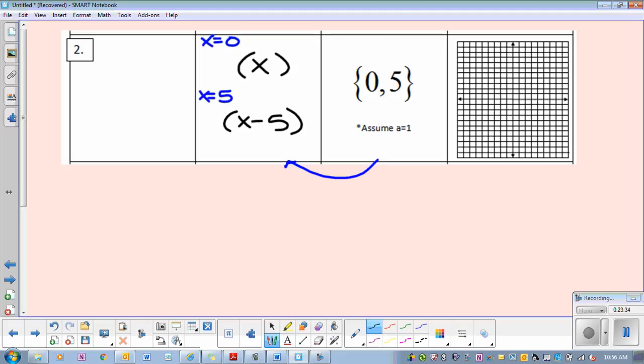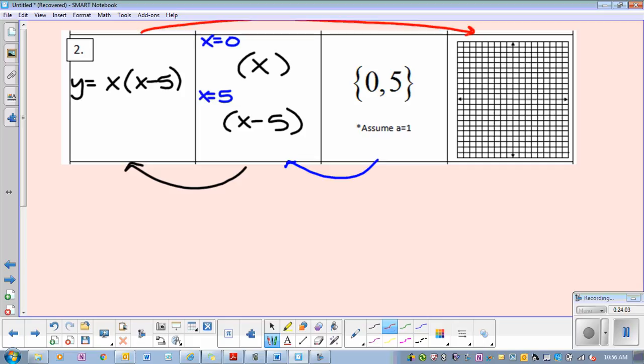And then I have to go to the left. So now I just rewrite the same thing. I put y equals x times x minus 5. And then now I have to go back and graph. How do I graph this? Put it in the calculator, right?